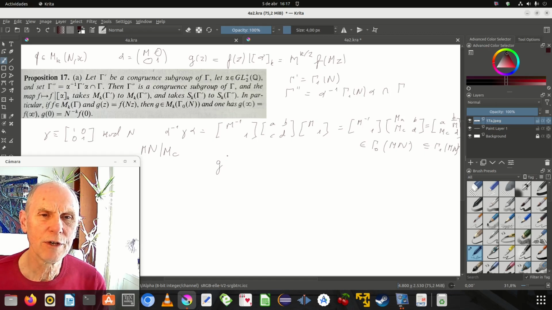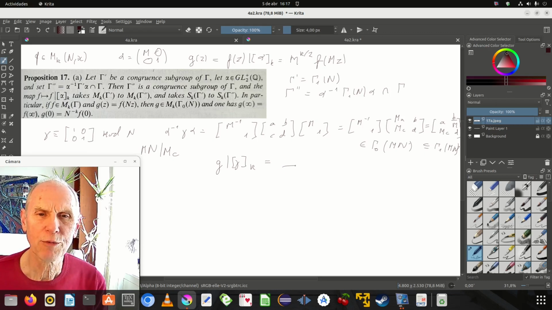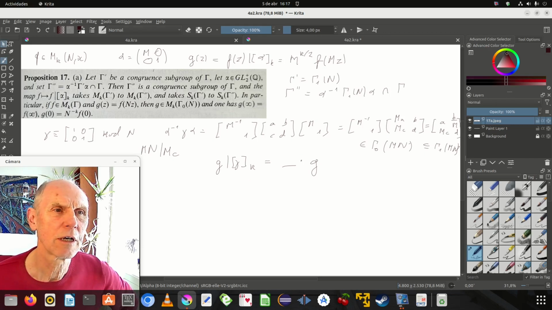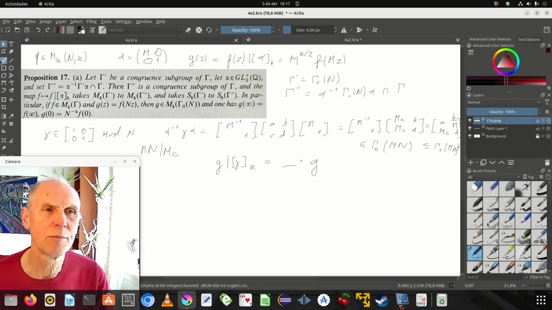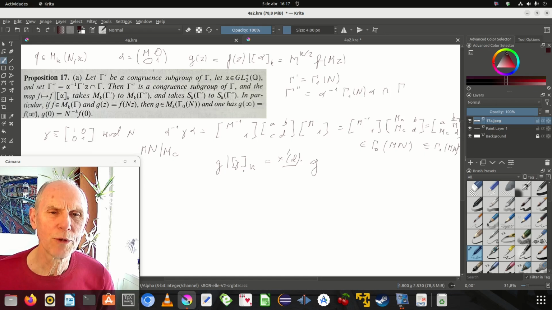And that is g of gamma, still k, equals something times g itself. And that something, of course, should be chi mark of d. So we need to compute this.